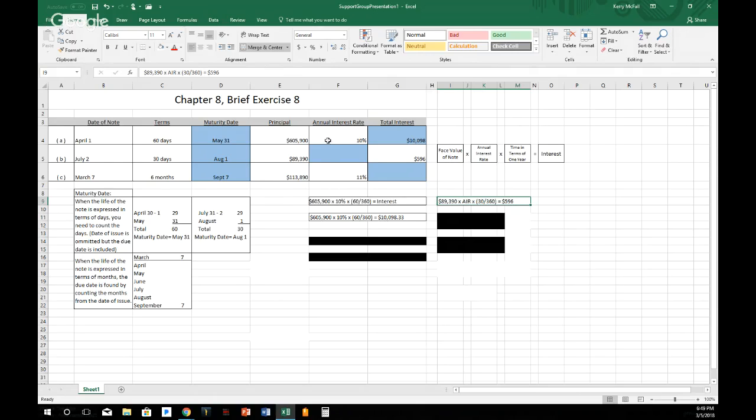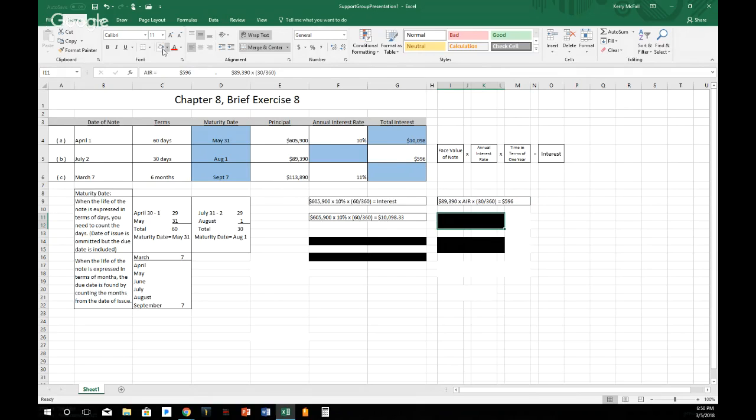We're going to multiply by our annual interest rate, which is what we are trying to figure out, so I just put annual interest rate. And then we multiply that by the time in terms of 1 year. This one is 30 days out of 360, so it's 30 divided by 360. And that equals our interest, which it gives us, in this case, $596.